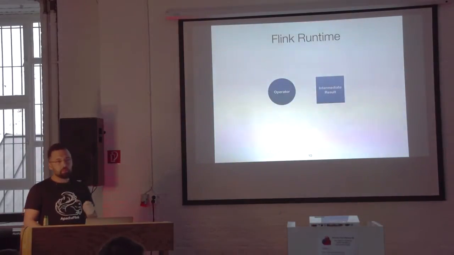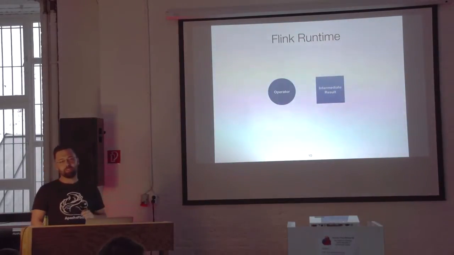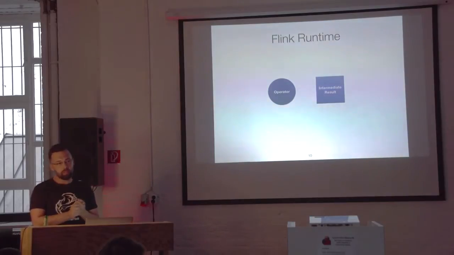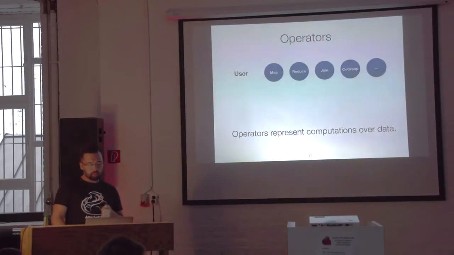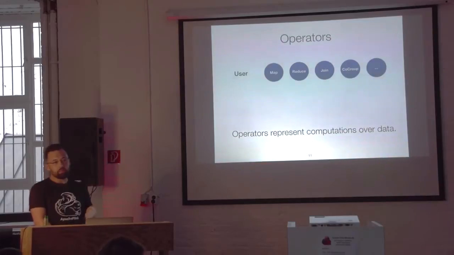So as an introduction to this runtime, I want to present you the two building blocks of the runtime, which are the operators and intermediate results. Operators represent computations, some kind of arbitrary computations over your data.